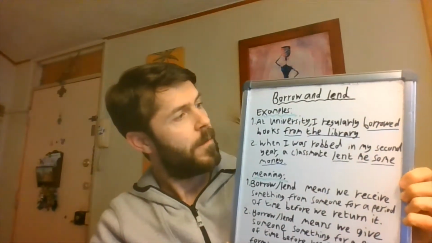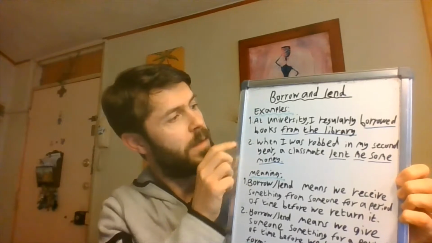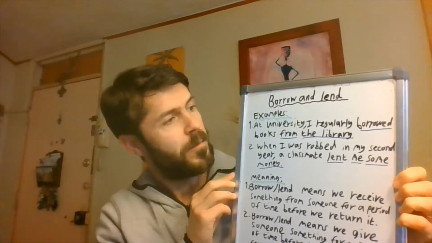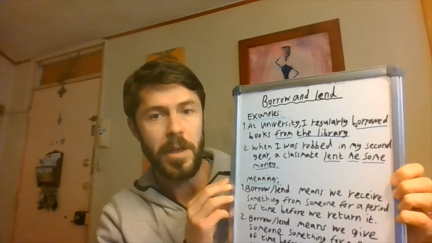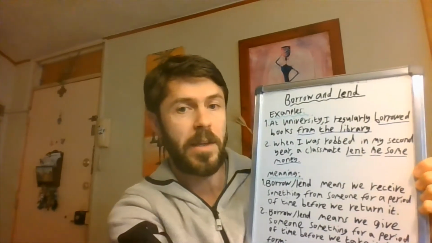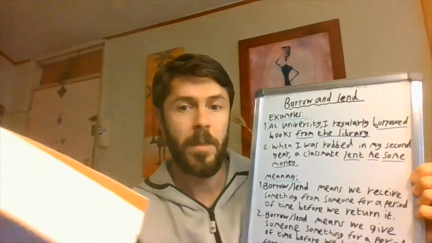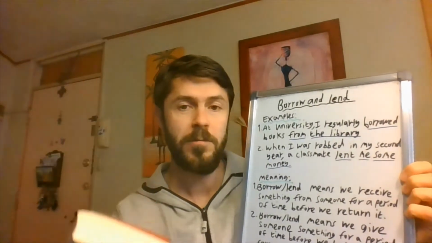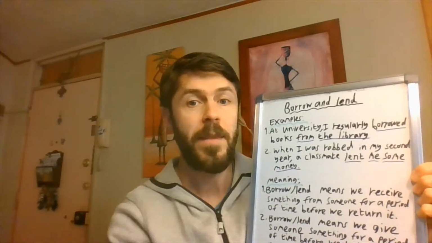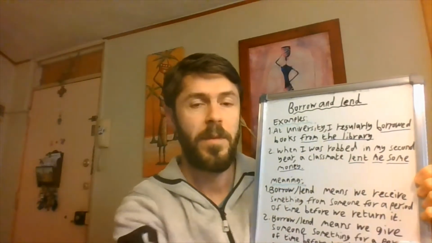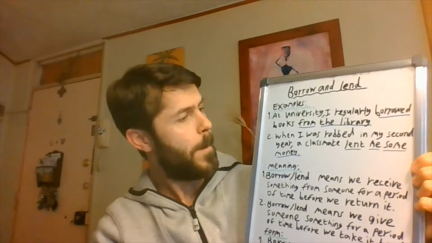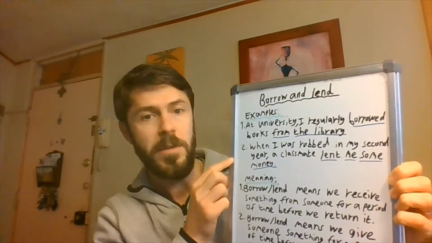Here we have one. At university, I regularly borrow books from the library. In that example, I borrowed the books from the library, and then later I had to take them back. And number two.